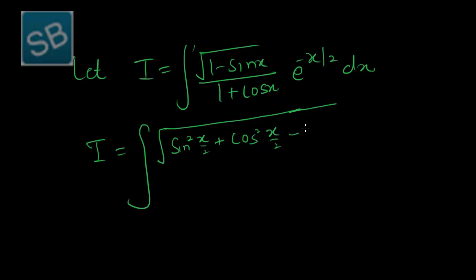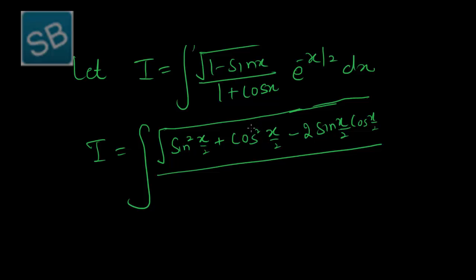So sin x becomes 2 sin half of the angle into cos half of the given angle, over 1 plus cos x, which is 2 cos square x by 2, because cos 2 theta is 2 cos square theta minus 1. So 1 plus cos 2 theta is equal to 2 cos square theta, that is the half angle, that is 2 cos square x by 2 into e raised to power minus x by 2 dx.